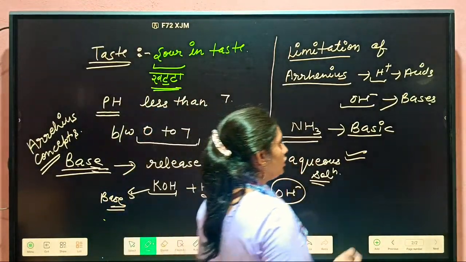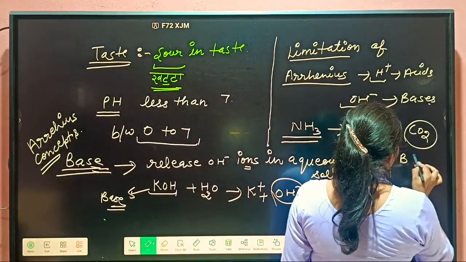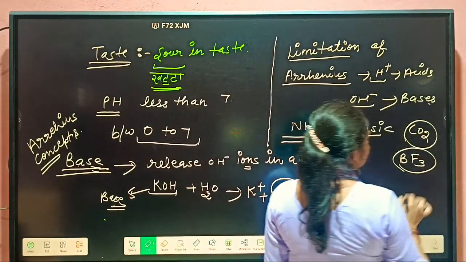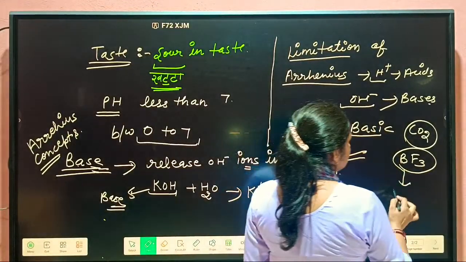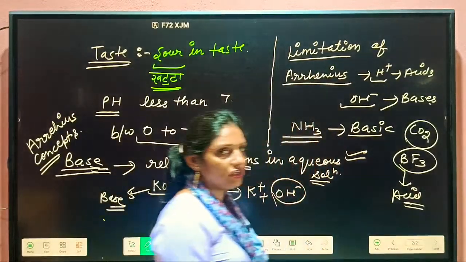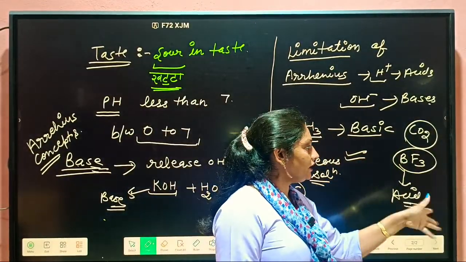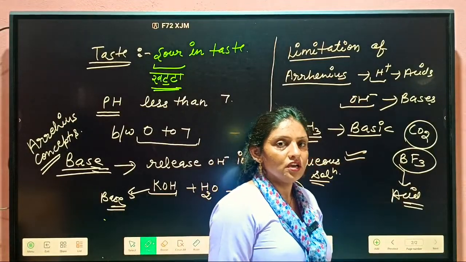Similarly, CO2 and BF3 are acidic in nature, but they do not have H positive ions to release. So from where can they donate?